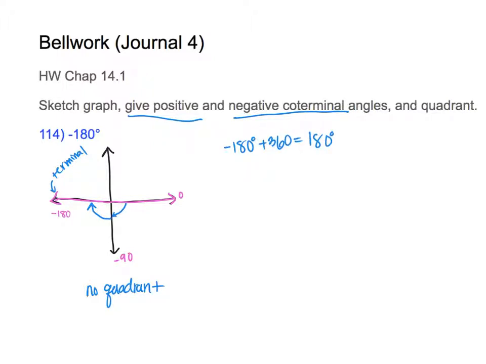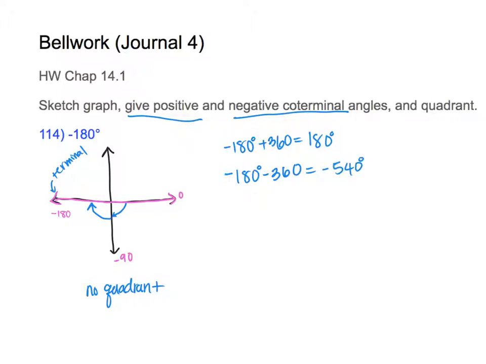And so now it's already positive, and so I want to stop there. And then if I want a negative coterminal angle, I need to subtract 360 until it's a negative number. Now, if I subtract 360, it's just going to become a more negative number. It's going to be negative 540 degrees.